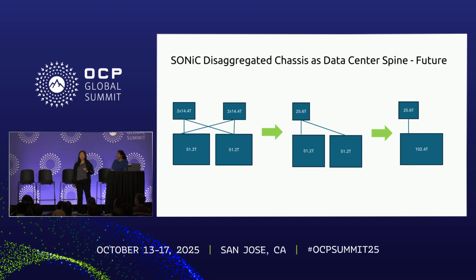The new SONiC disaggregated design gives us a very clear path for how we can scale our data center spine capacity over time. We start with two upper T2 switches with 14.4 terabit ASICs, connected to two lower T2 switches with 512 terabit ASICs.